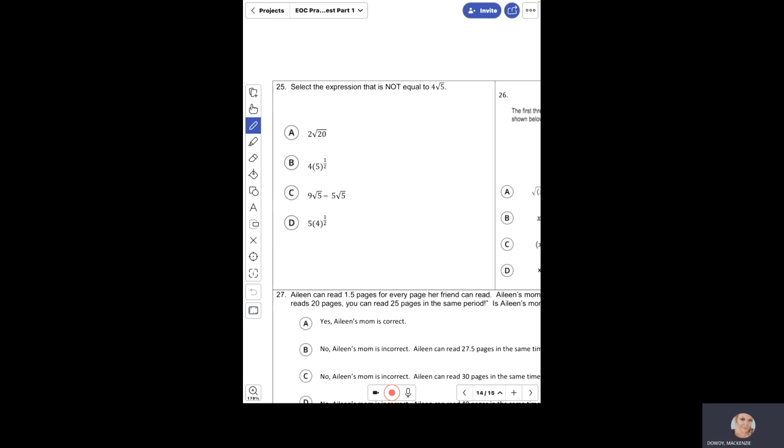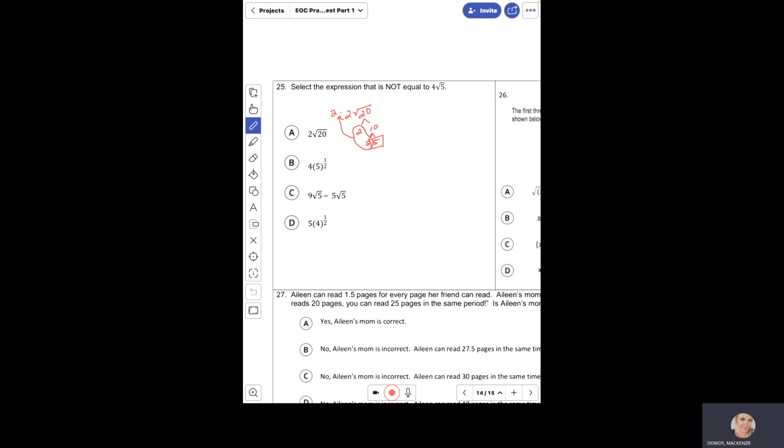So now they want us to select the expression that is not equal to 4 times the square root of 5. So we're going to have to break each of these down. A is 2 times the square root of 20. 20 is not a perfect square, so we're going to break that down into prime factors. We got 2 times 10, then 2 times 5. So now I have a set of 2s. I can take that 2 and put it on the outside with the other one, and then put this 5 inside a radical by itself.